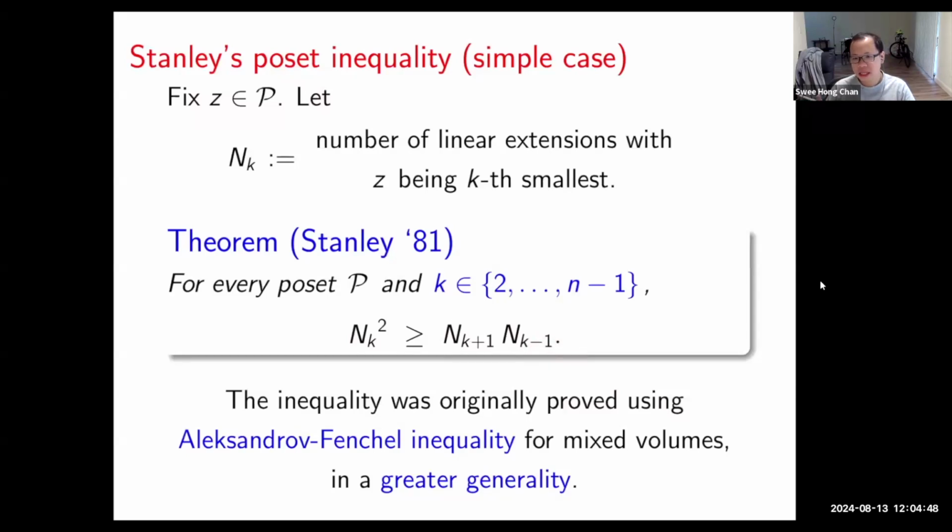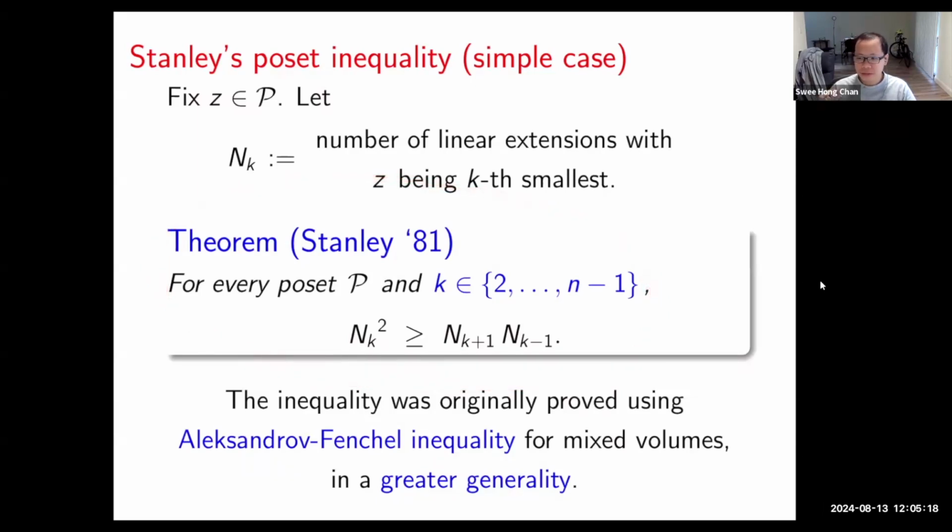And this inequality is proved in a very elegant manner. It's basically a one-page proof. What Stanley did is that he interpreted all of these numbers as the mixed volume of something called the order polytopes. Then he plugged this into the Alexandrov-Fenchel inequality, and magically this log concavity just follows.